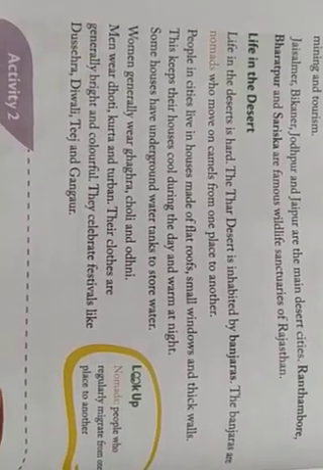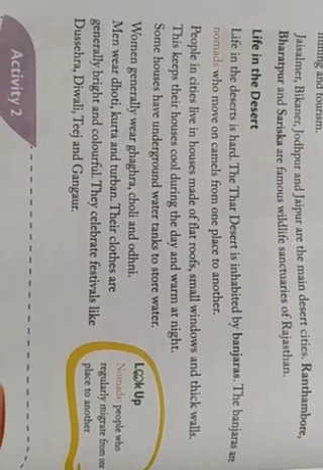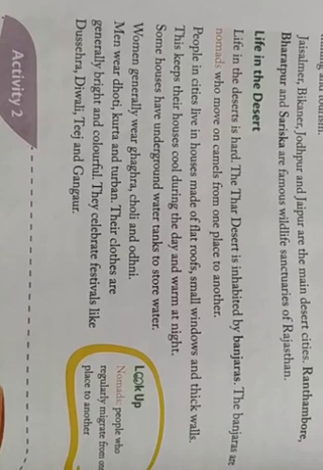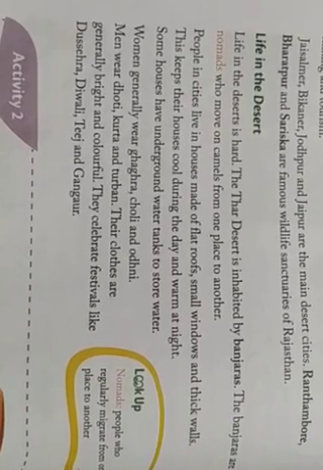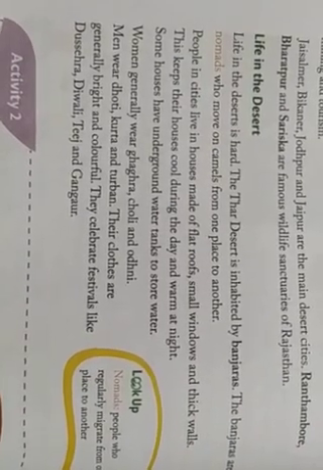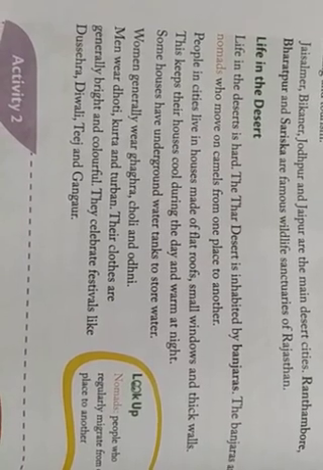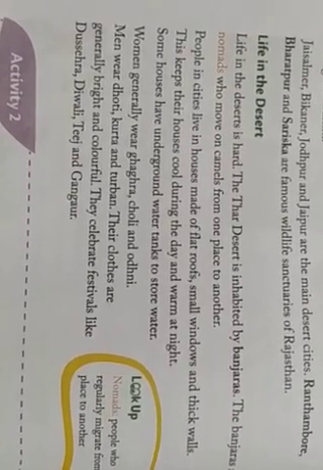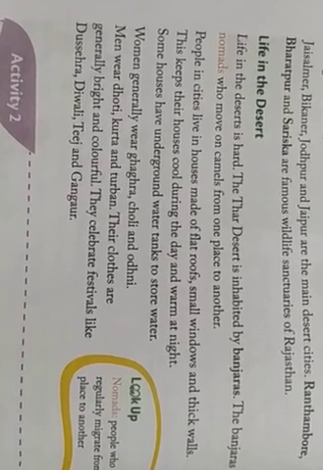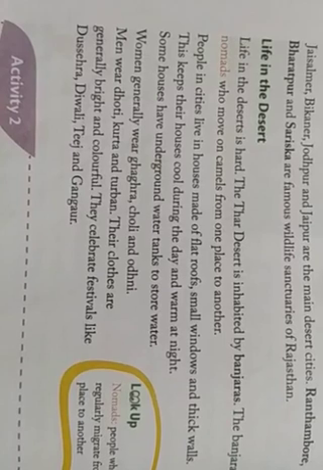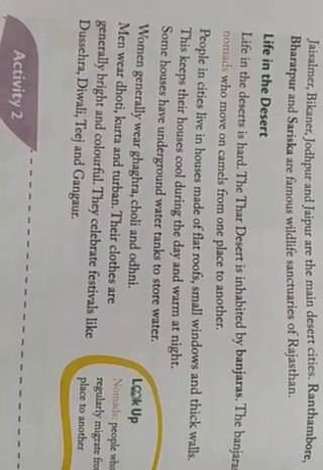People in cities live in houses made up of flat roofs, small windows, and thick walls. This keeps their houses cool during the day and warm at night. Some houses have underground water tanks to store the water. As we know, there is a scarcity or shortage of water. Because of this, some houses have underground water tanks to store water.